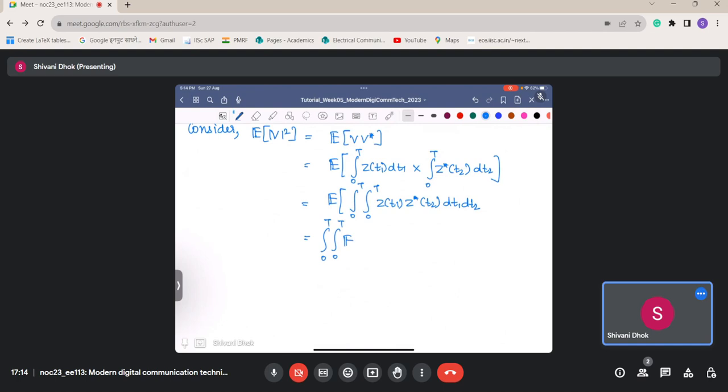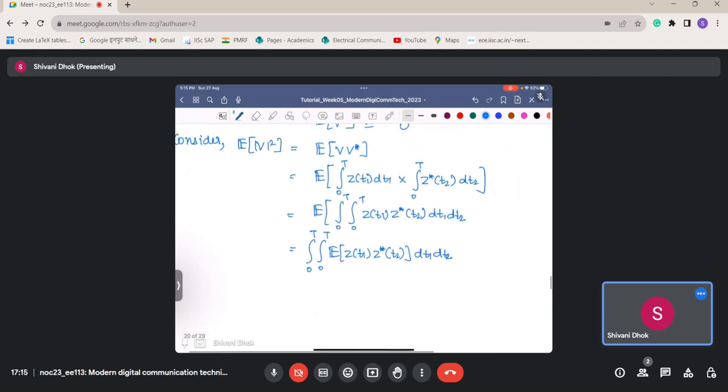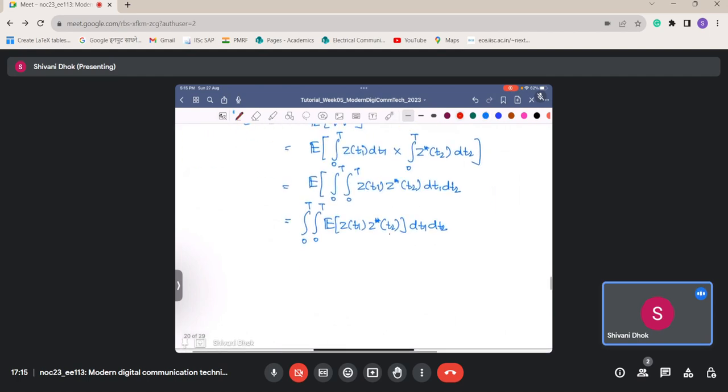So this is expectation of z(t1) z conjugate of t2 dt1 dt2, right? Now this again I can write this t1 as t2 plus tau, and here tau is nothing but t1 minus t2, right?